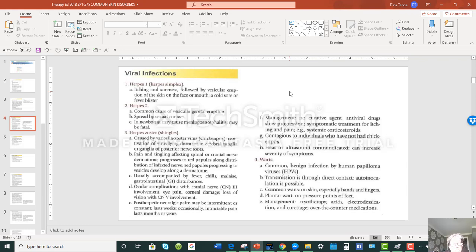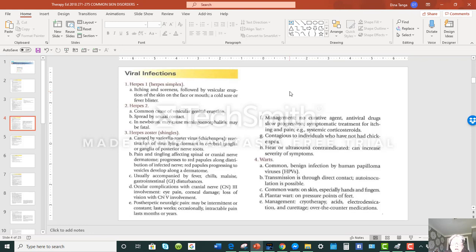Ocular complications with cranial nerve 3 involvement: eye pain, corneal damage, loss of vision. With cranial nerve 10 involvement, post-herpetic neuralgic pain may be intermittent or constant, lasts weeks, occasionally intractable pain lasts months or years.